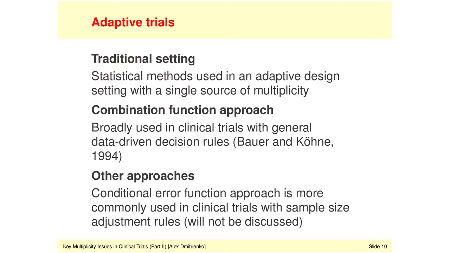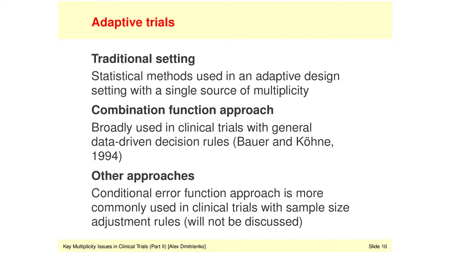Adaptive design methodology. Our ultimate objective in this module is to present a class of multiplicity adjustment strategies applicable to adaptive trials with multiple objectives, and we will begin with baby steps.